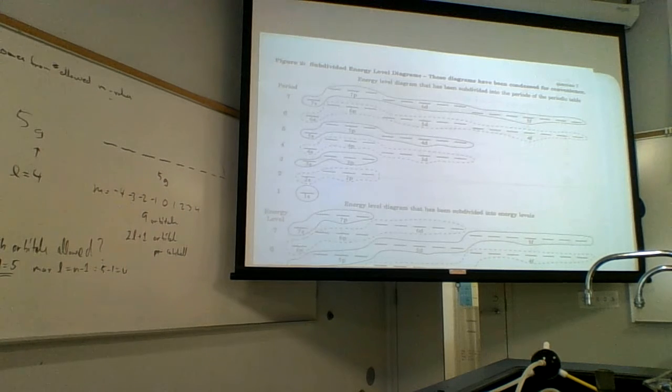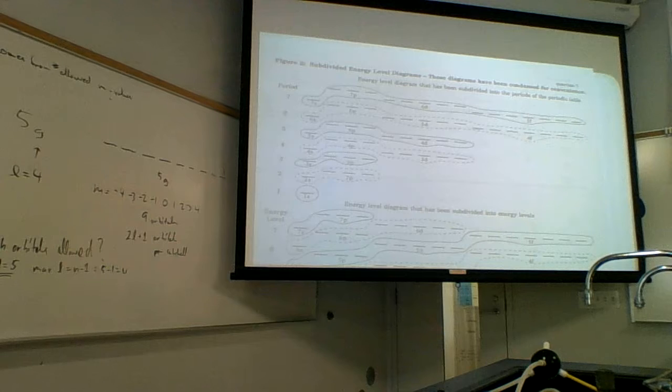In the third shell, we only have two subshells. We have the 3s, which would be 3, 0, 0, and then the 3p. What happened to the 3d? The 3d ended up going into the next shell.